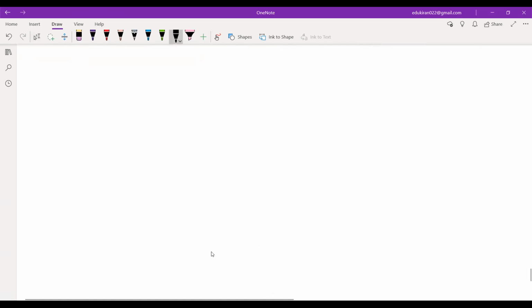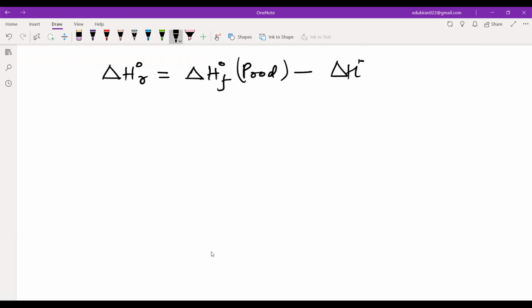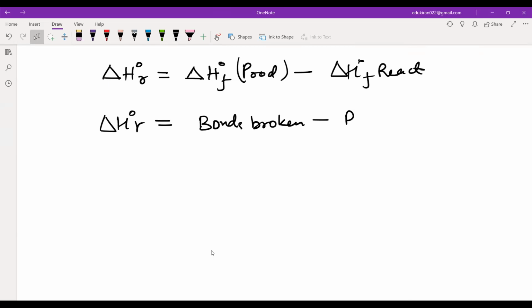And then we also learned about the bond. Two important equations: delta H naught of reaction is equal to delta H naught of formation of products minus delta H naught of formation of reactants, and delta H naught of reaction is also equal to the sum of bonds broken minus bonds formed.